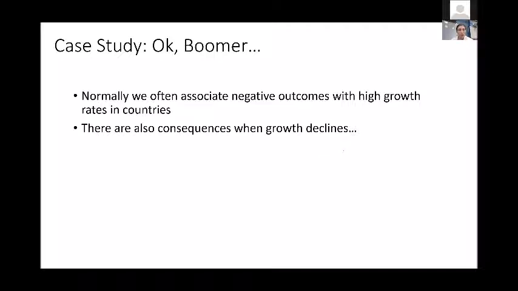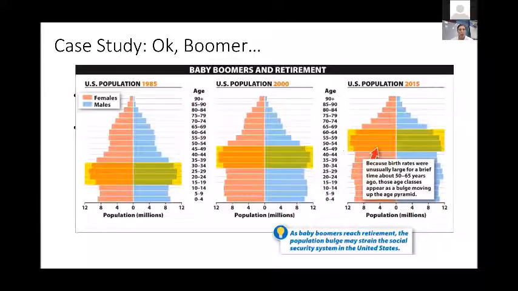But there are also consequences when countries begin to see declining growth rates. And right now, we might be facing one of these particular consequences. So as you've seen before, there was a post-World War II baby boom where our growth rate increased and our TFR increased.